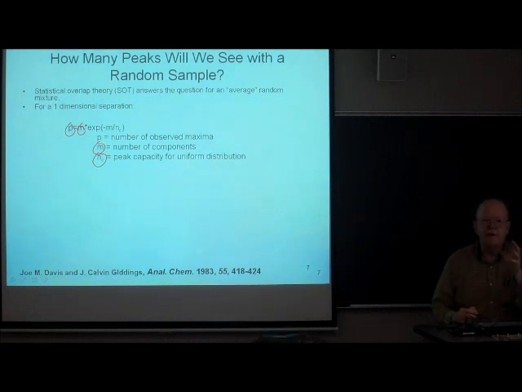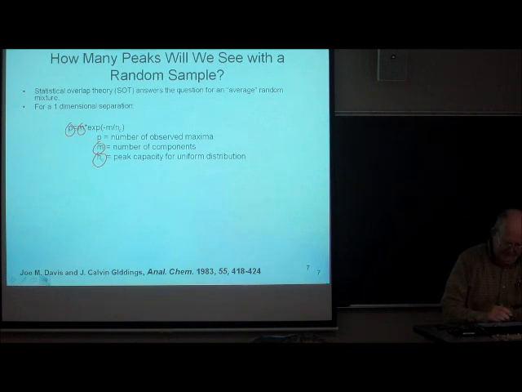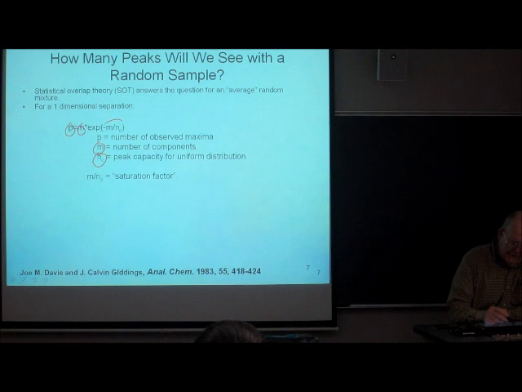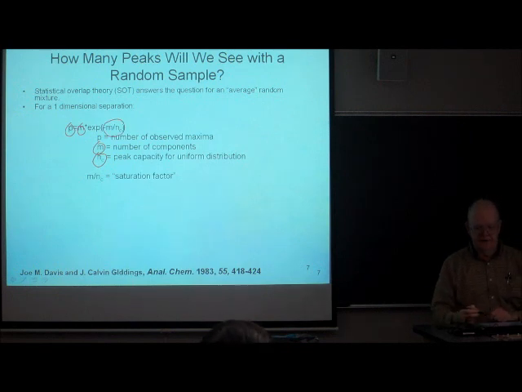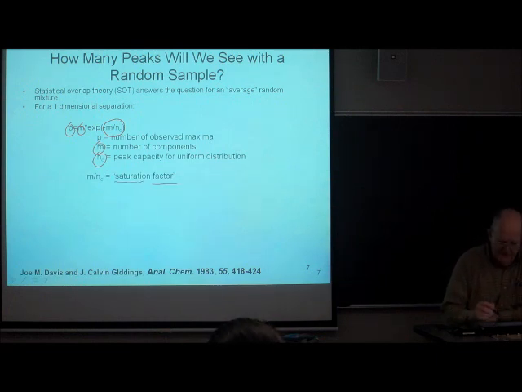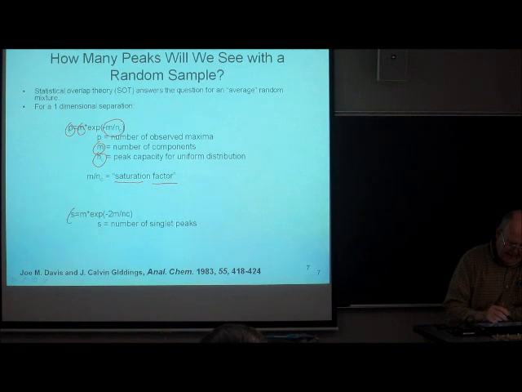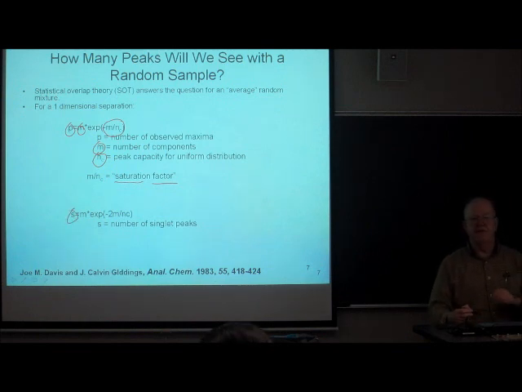Now, what we're really interested in, this ratio of m to the peak capacity, occurs over and over again in statistical overlap theory. And so it's given a name, and it's called the saturation factor. Now, s is the number of singlet peaks, that is the number of pure component peaks.